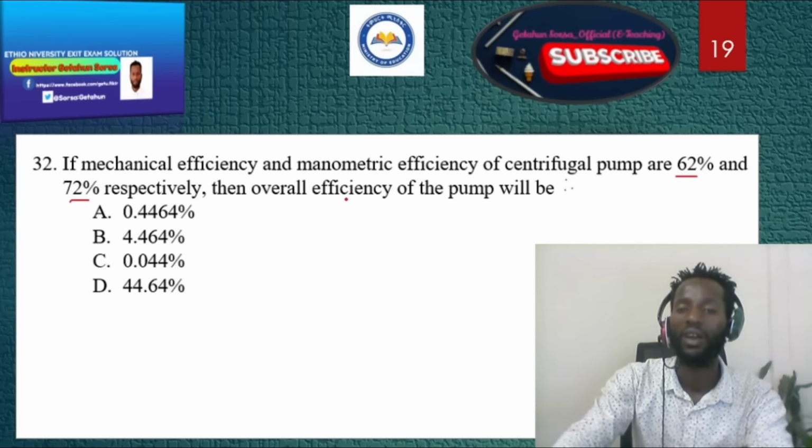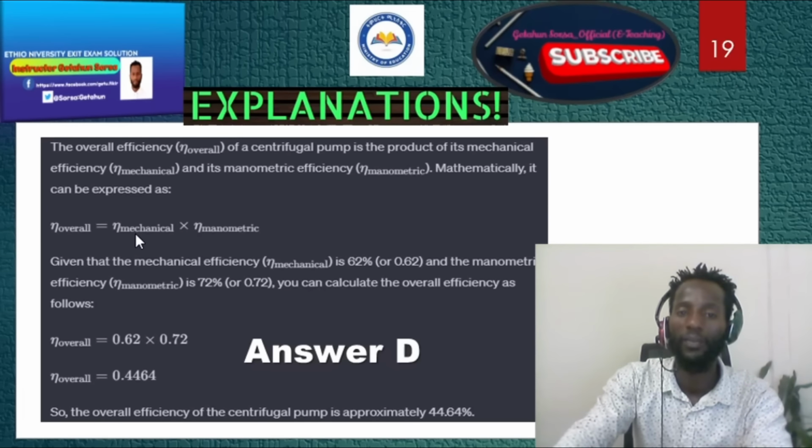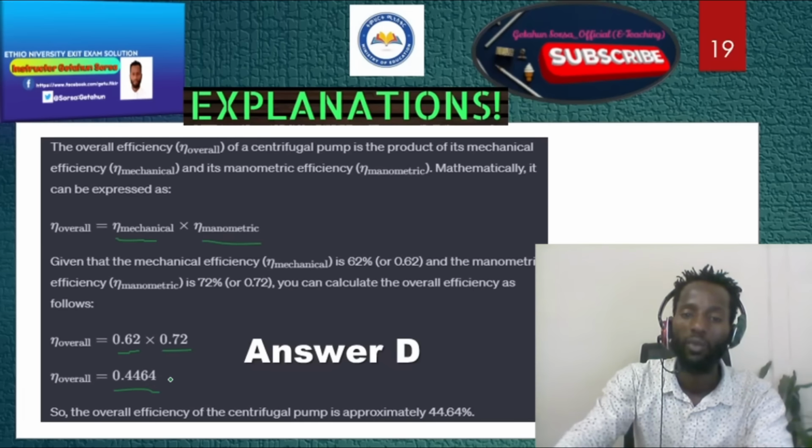By using this, we can calculate the overall efficiency of the pump. How can we calculate the overall efficiency? Simply, we can calculate the overall efficiency as the product of the mechanical efficiency and the manometric efficiency. When we multiply 0.62 with 0.72, the correct answer is 0.4464.